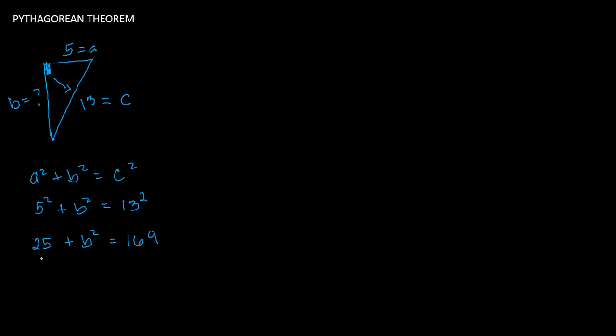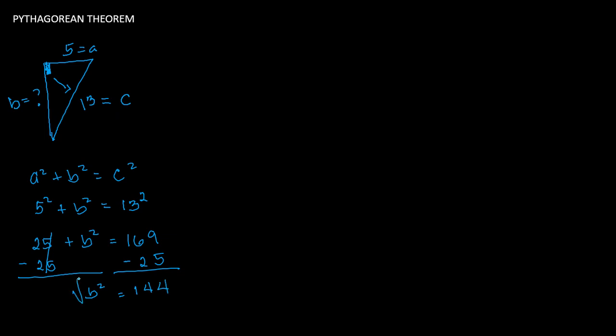Now, we subtract 25 from both sides of the equation. That is using the subtraction property of equality. So 25 minus 25 is 0. So we have here b squared, and 169 minus 25 is equal to 144.